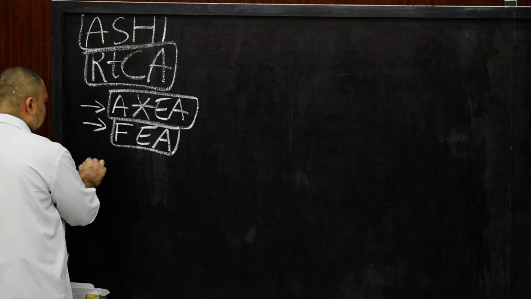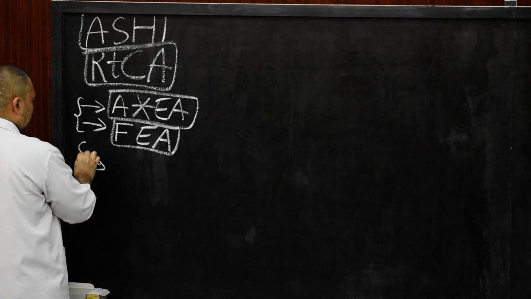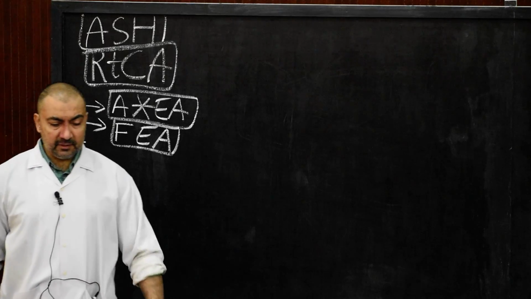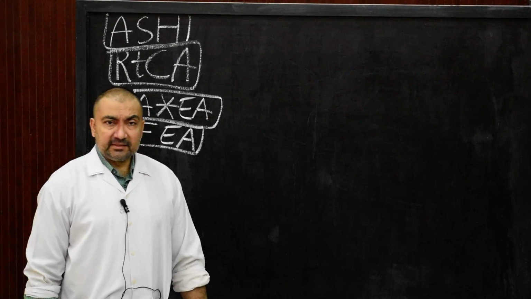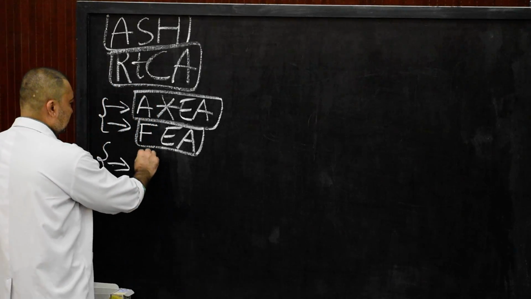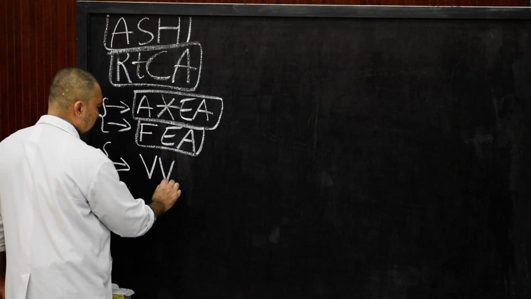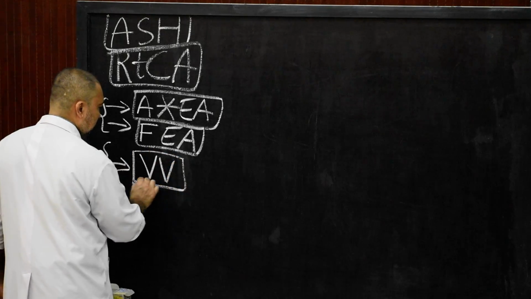And the second important point will be, this is the first point, this will be the second point. The second point will be, coronary arteries are also known as vasa vasorum. So they function as vasa vasorum of the heart.